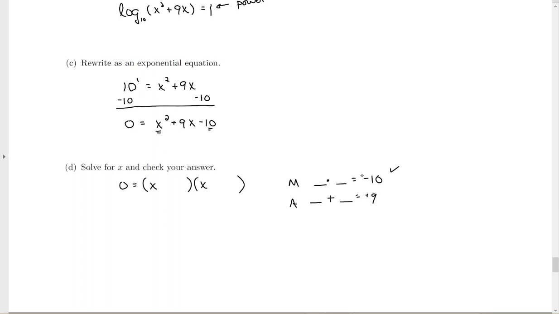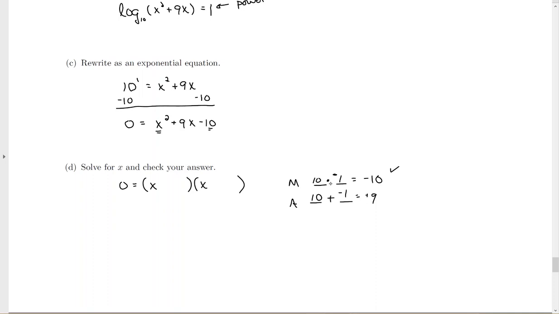Do the multiplication part first. So 2 numbers that multiply to negative 10 could be 10 times 1, and then I'm going to put a positive on the 10 and a negative on the 1. Those same 2 numbers then have to add up to positive 9. If they don't, then I have to guess again on the multiplication, maybe 5 and 2, or change my signs.